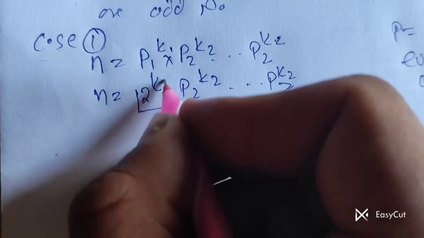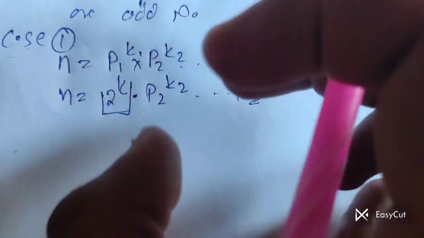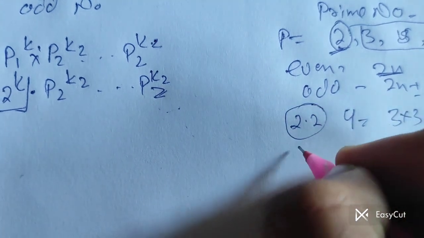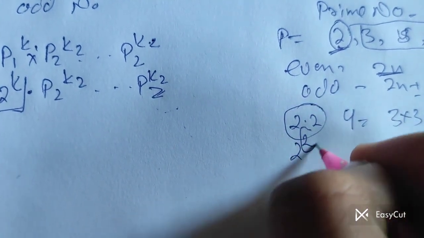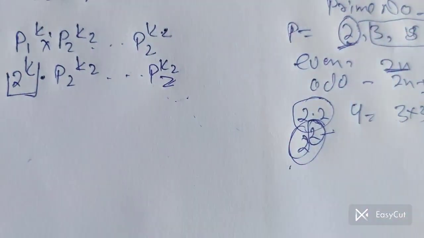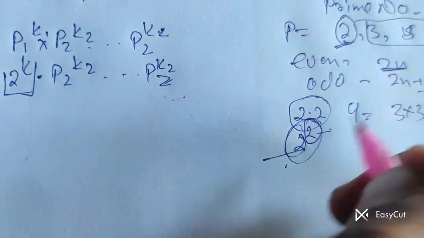Now this is even, because k is a non-negative integer and 2 is even, for example 2 times 2, which is 2 to the power 2. This is a non-negative integer and 2 is a prime factor, according to the FTA, and it is right.